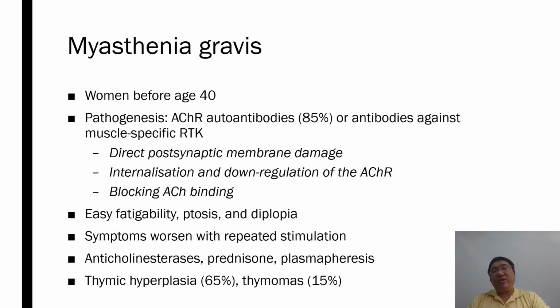So here I am going to highlight myasthenia gravis and Lambert-Eaton myasthenic syndrome. Myasthenia gravis is usually seen in women before the age of 40.